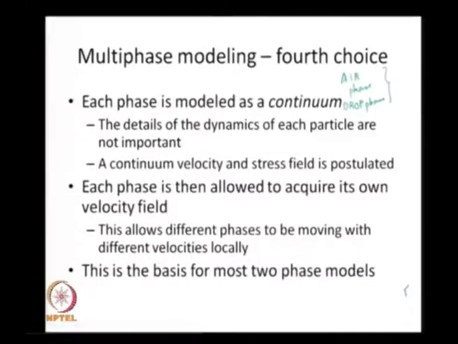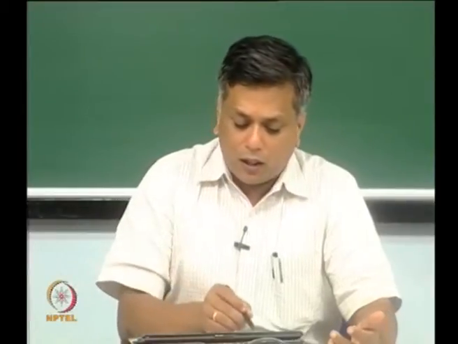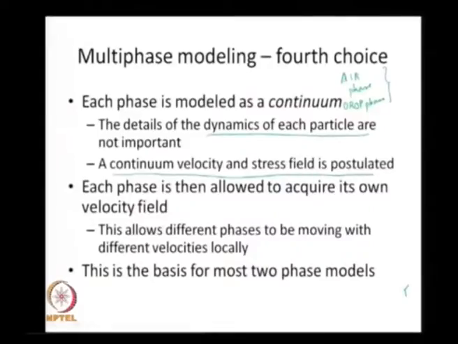And like I said, the dynamics of each particle are not important, that is the whole idea of going to this phasic level view of my spray, and a continuum velocity and stress field is postulated for each phase.